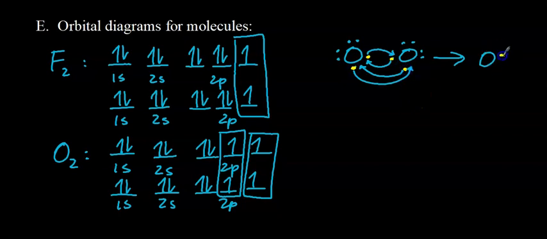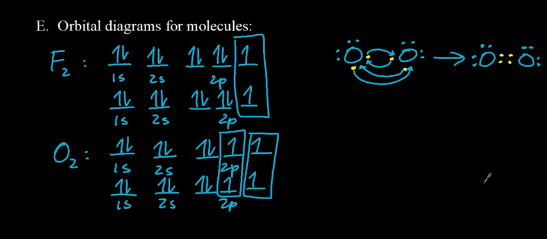And so what ends up happening is we get this, where the two oxygen atoms share two pairs of electrons. Again, this is called a double covalent bond.